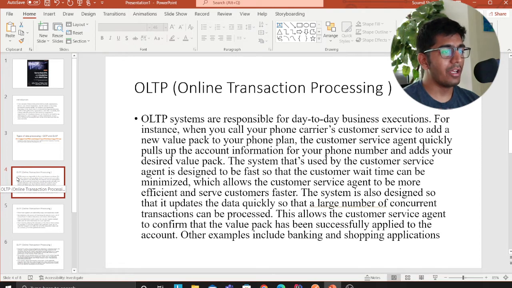The system is also designed so that it updates the data quickly so that a large number of concurrent transactions can be processed. This allows the agent to confirm that the value pack has been successfully applied to the account. Other examples include banking and shopping applications. A very good example, right?